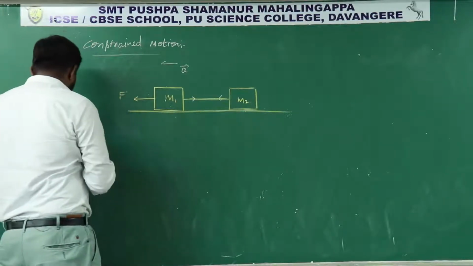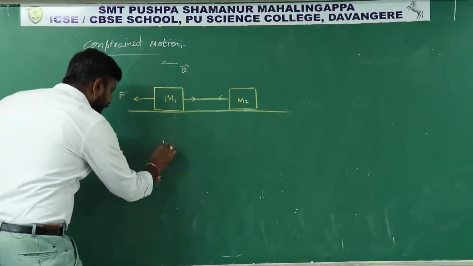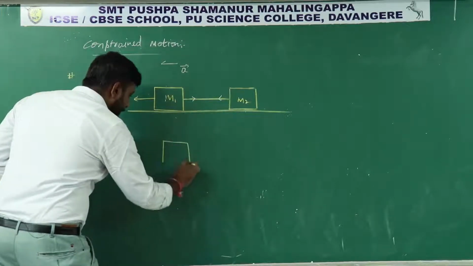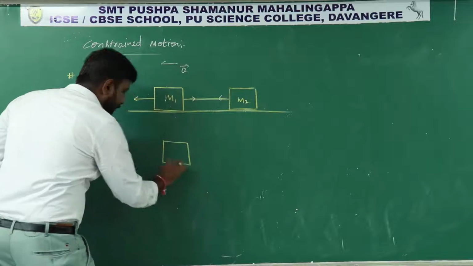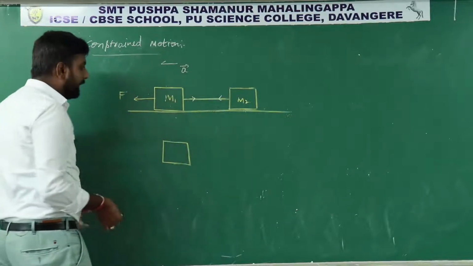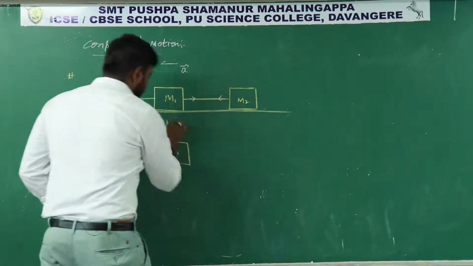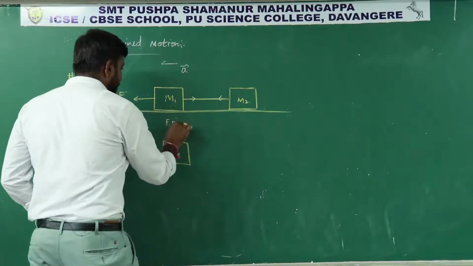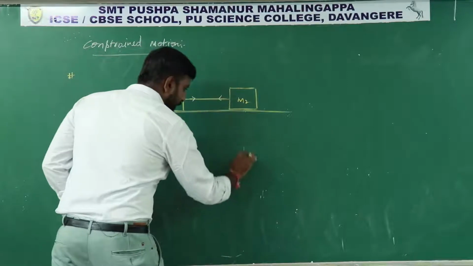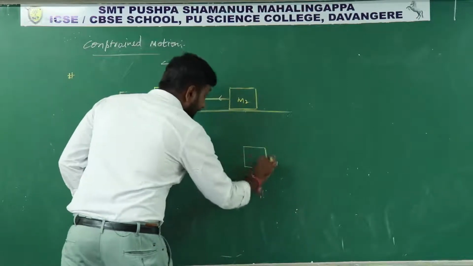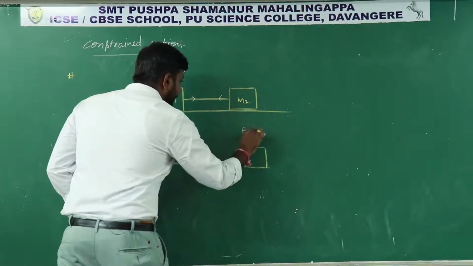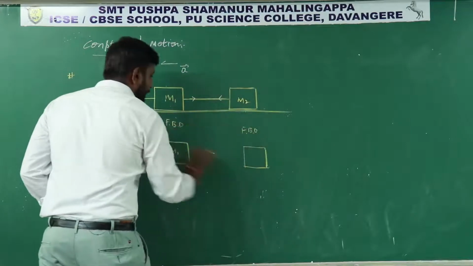Then first what you have to do, you have to draw the free body diagram like this. I hope you understood how to draw the free body diagram. This is the FBD for m1 mass, and this is the FBD, free body diagram, for m2 mass.